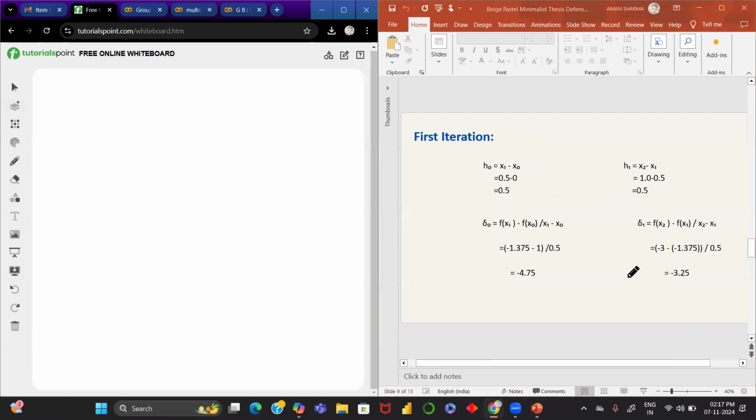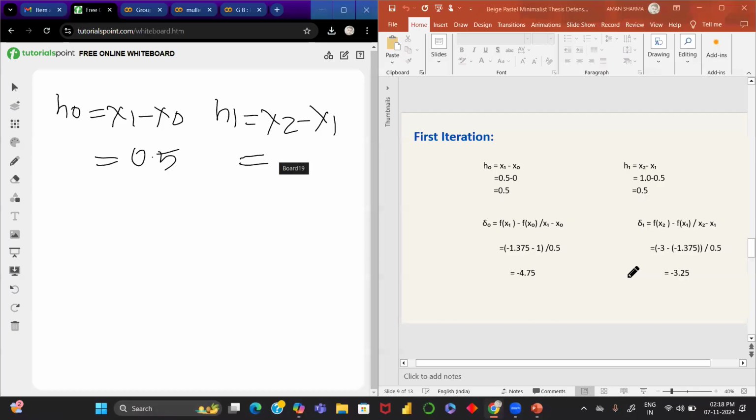Now we want to define h0, h1 and the slope. h0 equal to x1 minus x0, which is equal to 0.5 and h1 equal to x2 minus x1, which is equal to again 0.5.